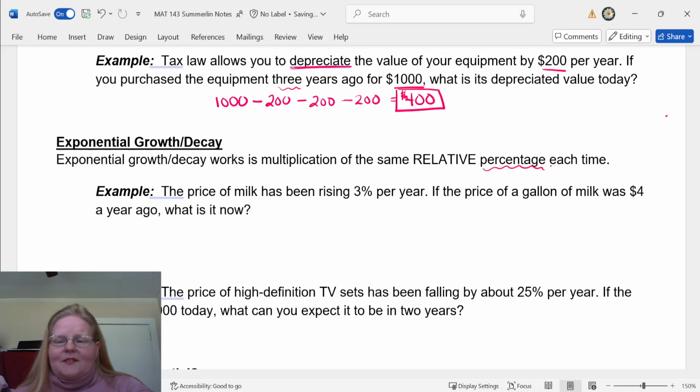I can do this. So exponential means there has to be a percentage in the problem. Exponential automatically means percentage. So you are going to be multiplying by that percentage. That will tell you how much you change every single year.